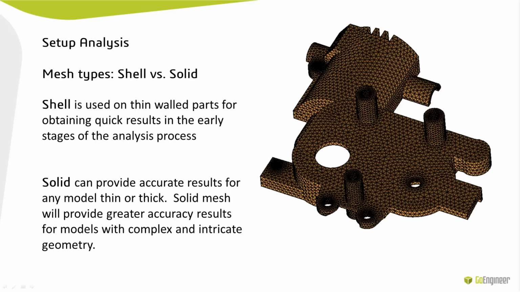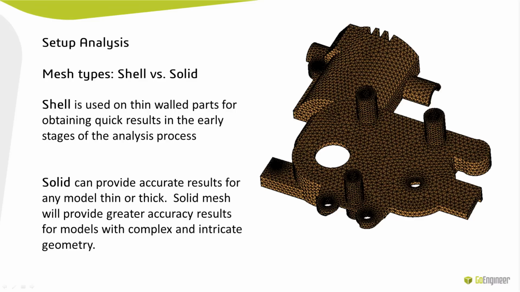So in order to run a flow analysis in SOLIDWORKS Plastics, the first step we have to do is mesh the model. There are two different mesh types available in SOLIDWORKS Plastics: a shell mesh and a solid mesh. Typically a shell mesh is used on thin wall parts for obtaining quick results in the early stages of a process. Really, you want a uniform wall thickness for a shell mesh.